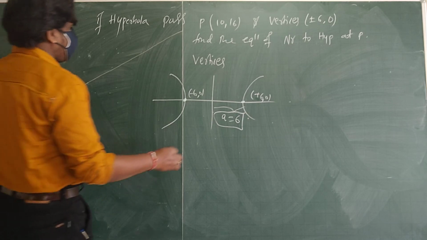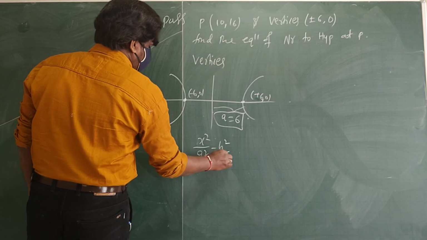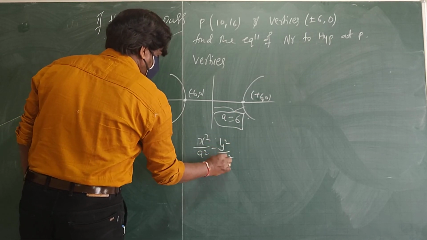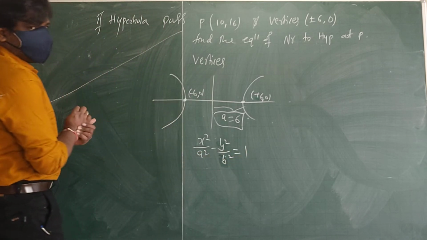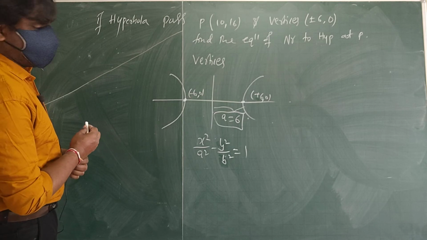And what is the equation of the hyperbola? x square by a square minus y square by b square is equal to 1, and this hyperbola is passing through the point (10, 16).